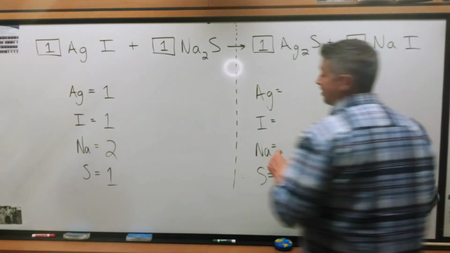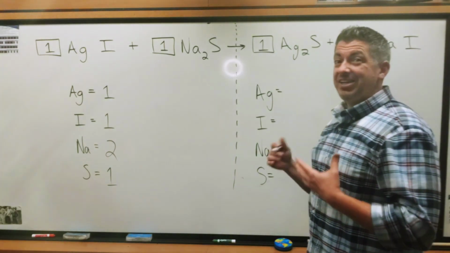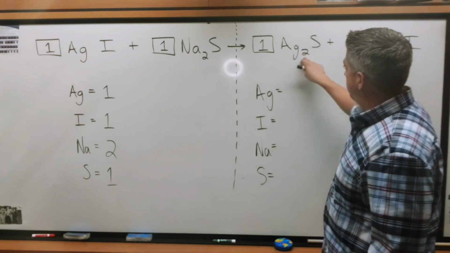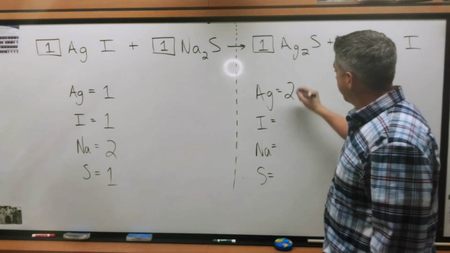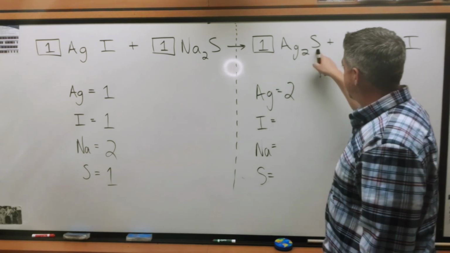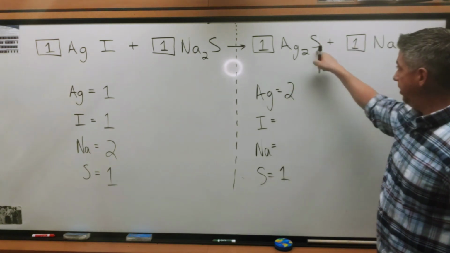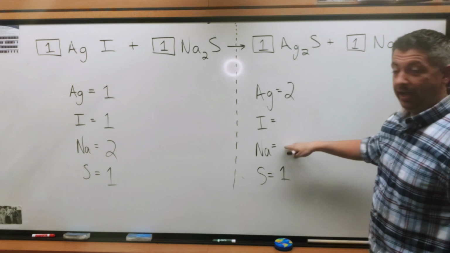Now let's go this side. You've got to be careful because this is not really hard, but it's easy to make mistakes. All right, so now we have 1 Ag2. So it's 2 silvers. So I'm going to put 2 for the Ag. Then 1 times S would be 1. Notice that my S is down here. So just always when you put the number, make sure you're putting it for the right element.